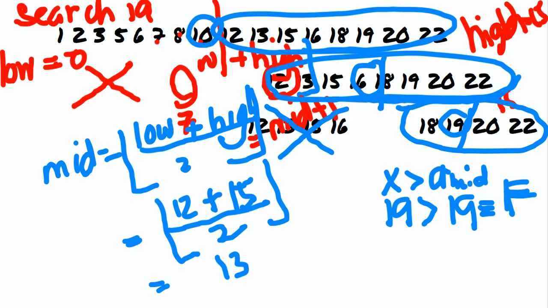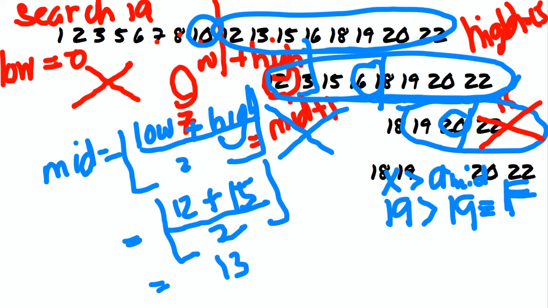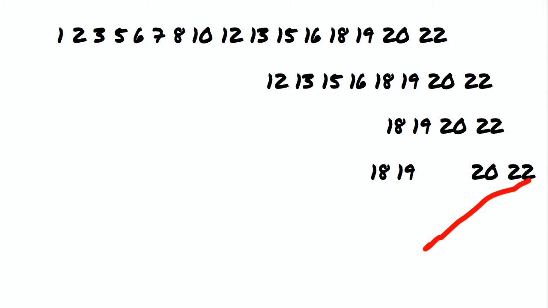So if the inequality is false, then we have to choose the lower half. We're going to instead abandon the upper half. So abandon the upper half and choose the lower half. Okay, so let's just clear this.